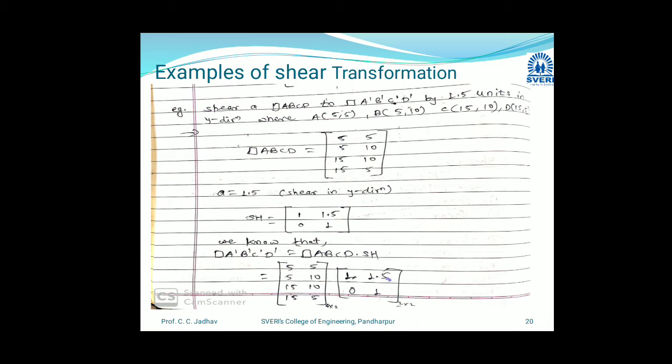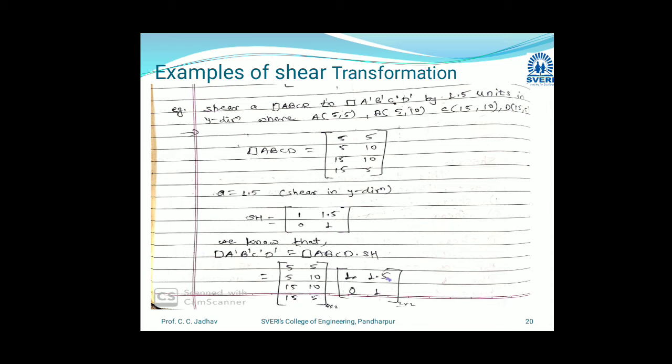Then we have to form the shear matrix [1 a; 0 1], the formula for shear in y direction. Since we know the small a value is 1.5, we can write capital SH is equal to [1 1.5; 0 1]. So we have one shear matrix and one square ABCD matrix. We know that square A dash B dash C dash D dash is equal to square ABCD into the shear matrix.